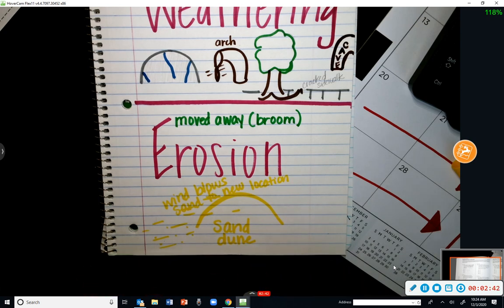Okay? What else could you have drawn in your notebook to represent erosion? Kaylee? I drew leaves flying away. Okay, leaves flying away. What about the ocean waves? Yeah. What does the ocean do to the sand?